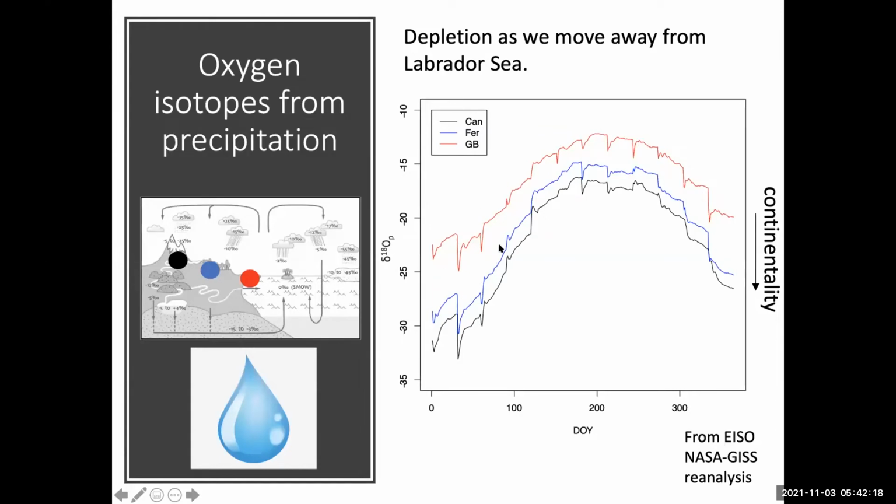You get an intermediate signal in Fairmount, which is the midway site, and the most continental site here gets the lower value because the heavier isotopes have fallen earlier in their progress inland. So that's what we expect as a signature from the source precipitation.